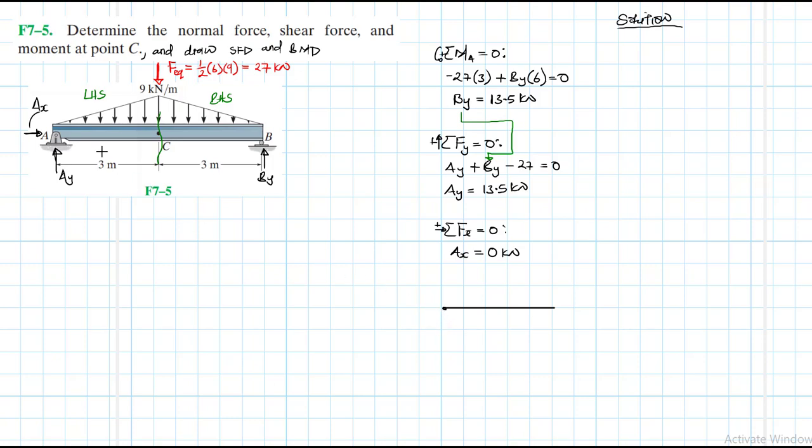At A, let me indicate these loads there. We have 13.5 and also 13.5. At A, we have a 13.5, and then we have this triangular load like so.